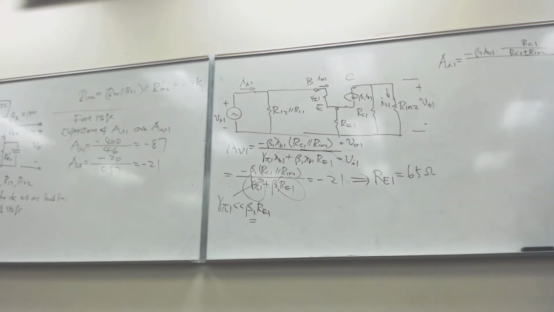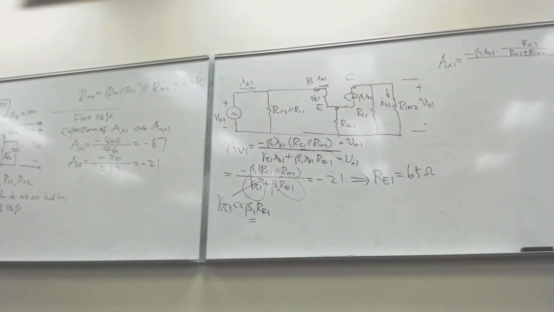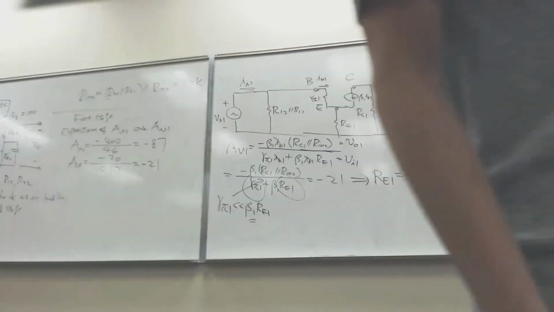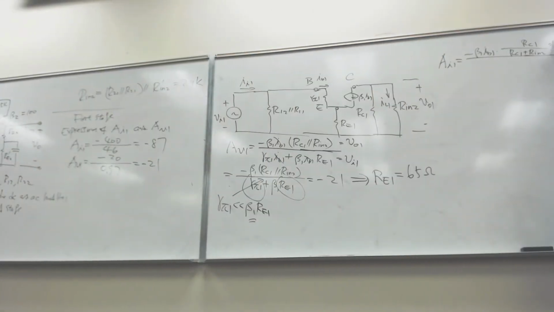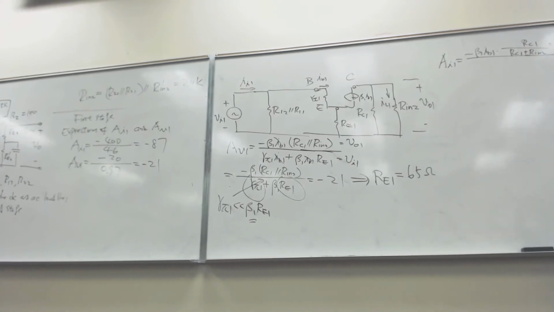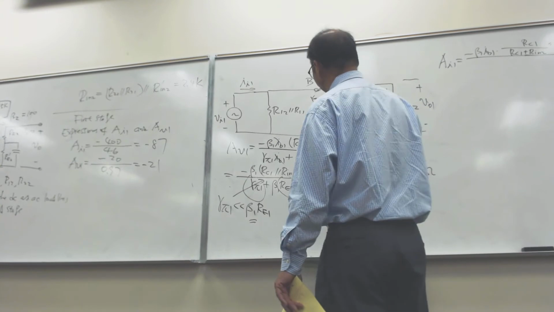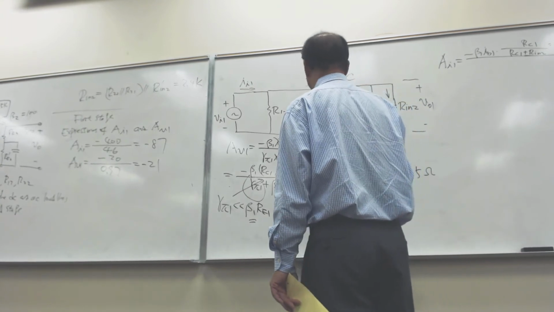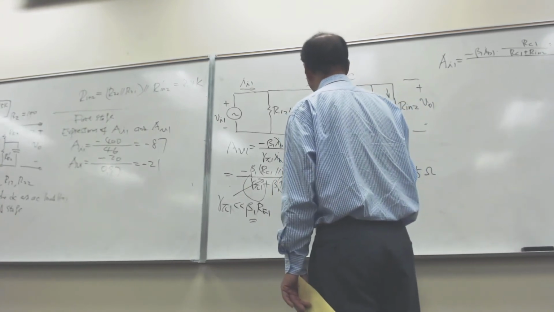So the top is IL1, got it? Again, it's nothing but the current divider rule. This is the main current, right? And then this is the division. The lower one is a little bit trickier, but we have done that many times, right?